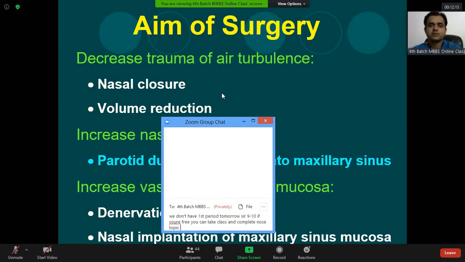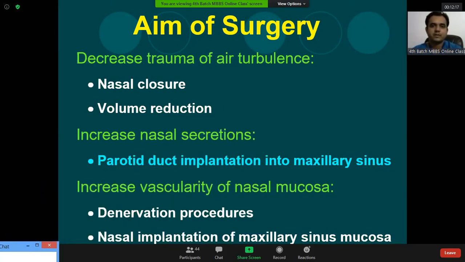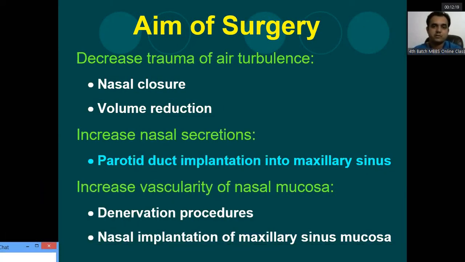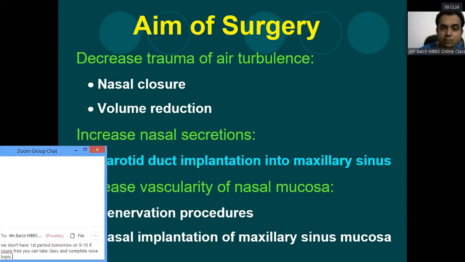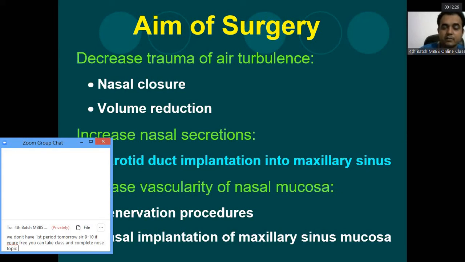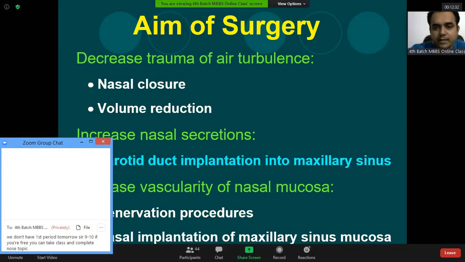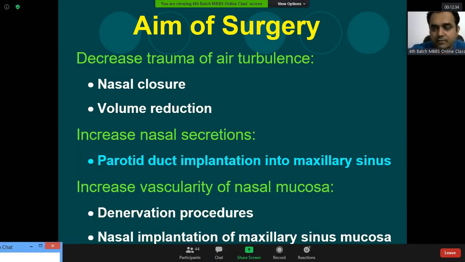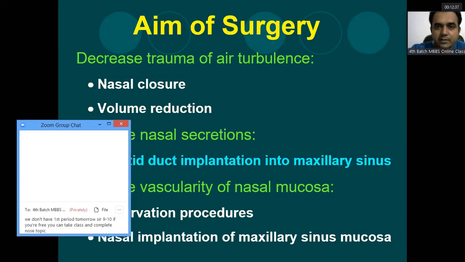The air turbulence will cause the trauma. So it is expected that because of Young's operation, there will be volume reduction and there won't be any trauma, and hence the nasal mucosa will grow and the cavity will become fuller and fuller. So that is how it is done.